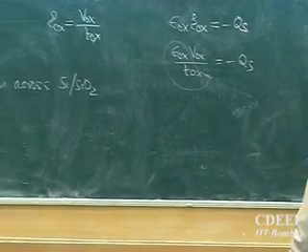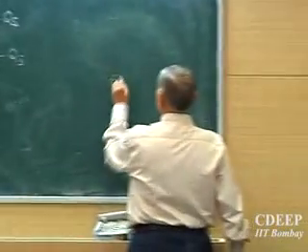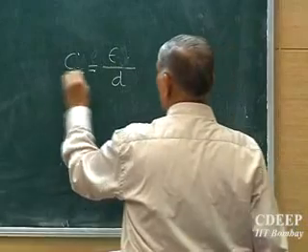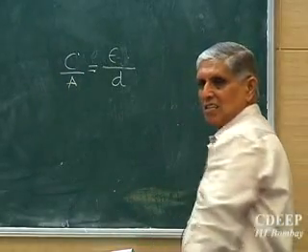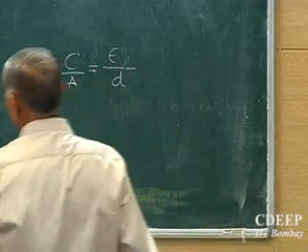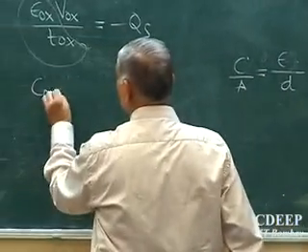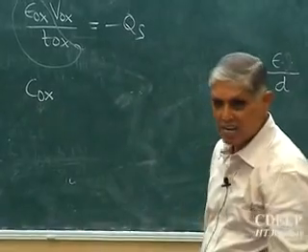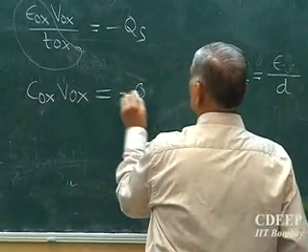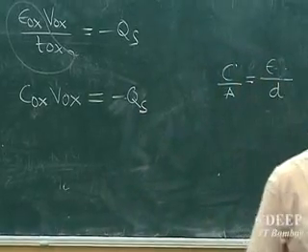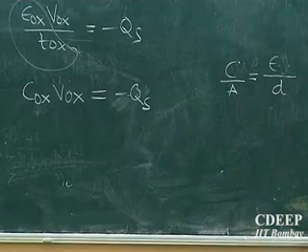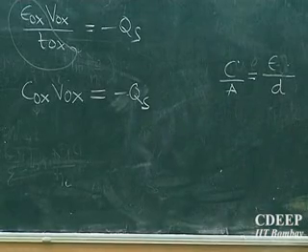Epsilon A by D is capacitance, and if I say per unit area, that is epsilon by D. So this is nothing but oxide capacitance per unit area into Vox is minus QS. Is that okay? Epsilon by thickness of oxide insulator is the capacitance per unit area.